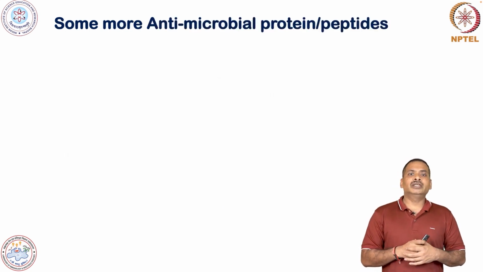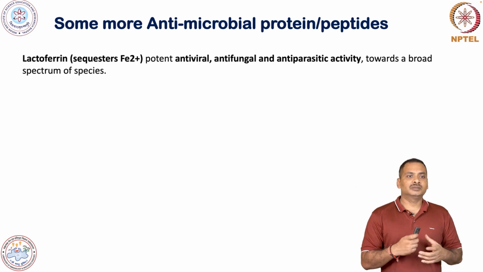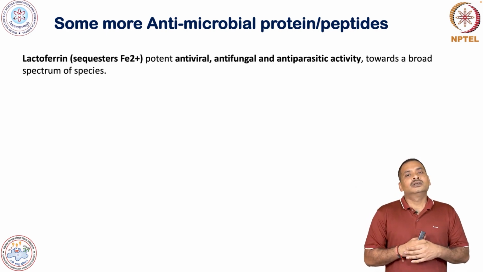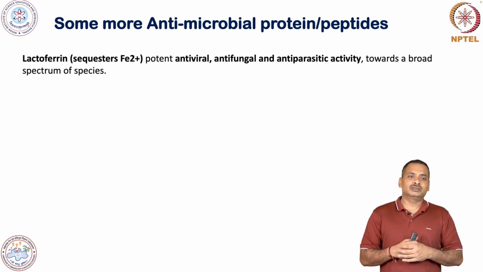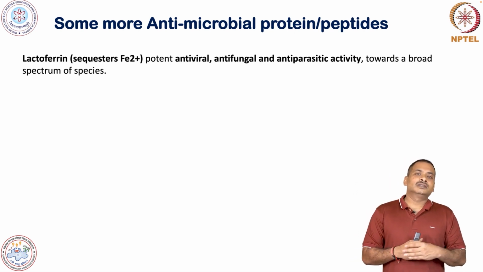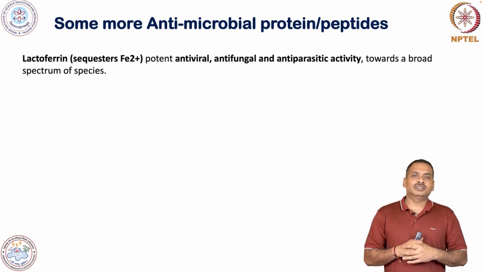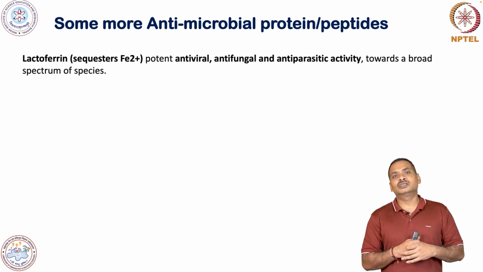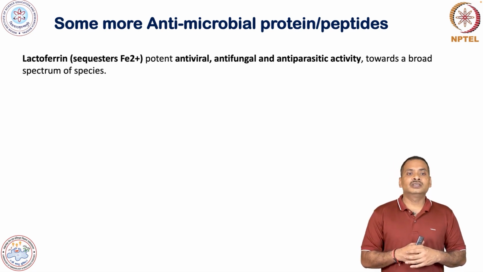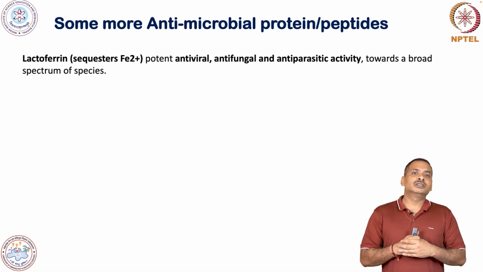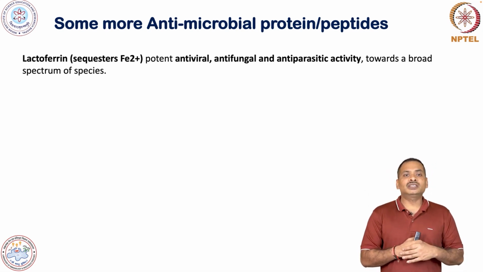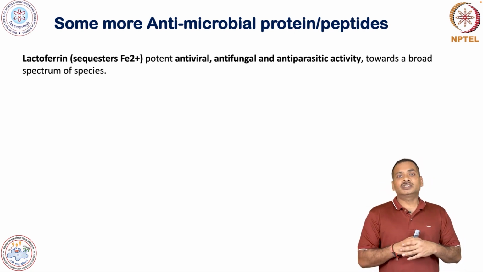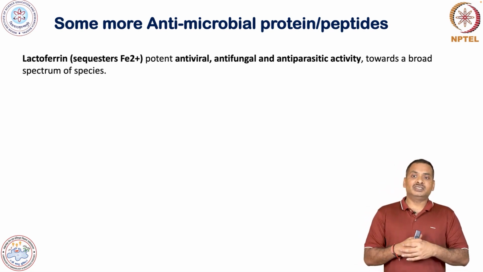There are some more antimicrobial proteins and peptides. Let me explain lactoferrin. Lactoferrin is a protein which is predominant in breast milk, and the key role of lactoferrin is to sequester the iron ion. It is quite potent against viruses, meaning it has antiviral activity, and it has antifungal and anti-parasitic activity as well.